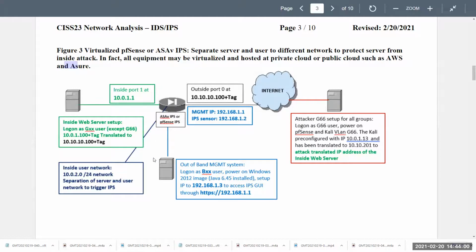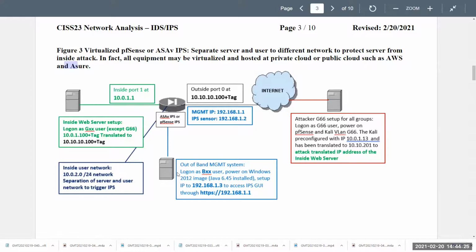All right. So in this case, for the internal user here, if they need to access the server, they will go into here. Whether this box is physical box or virtualized or in here, they will use the same interface here to come in and then go through the internal interface of the host and access different network. Therefore, it's going to go through the IPS inspection here.